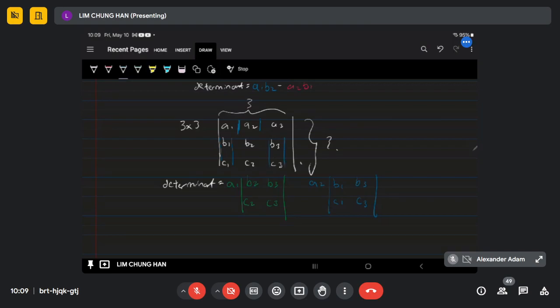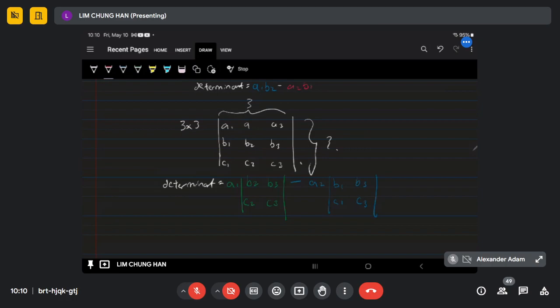But the sign in front has to be minus. Why does it have to be minus? The first one is positive. Why is the second one negative? Because you see B1, C1 in the first row with B3, C3 in the second row, it's not linked together. It's actually in reverse direction. That's why in this case you always need to put a minus in there.